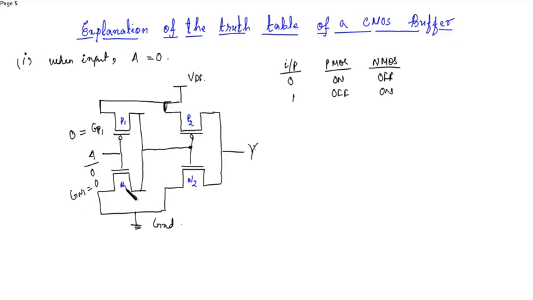When NMOS has an input of 0, it turns off. When PMOS gets 0, it turns on.